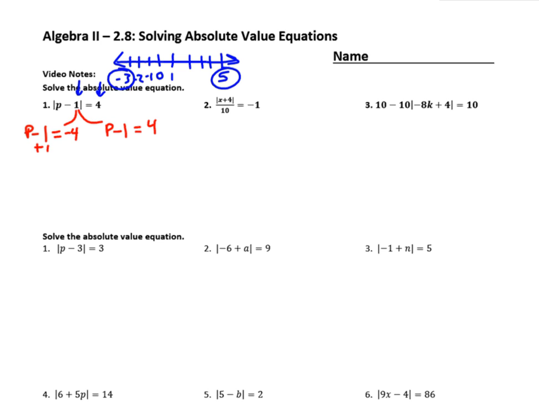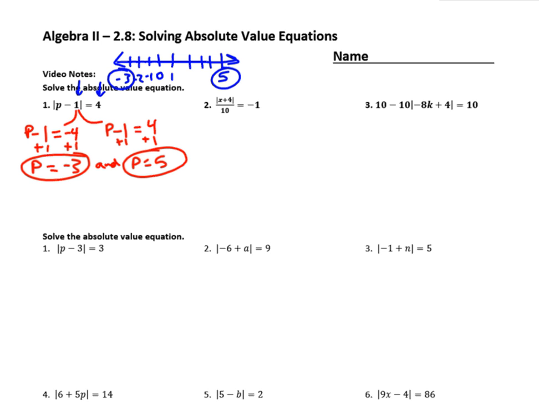Now I add 1 to both sides on this side, so p is equal to negative 4 plus 1, which is negative 3. And I add 1 on this side, so I get p is equal to 5. So I end up with p equals negative 3 and p equals 5, the same answers I got by thinking through the steps of the problem up above.